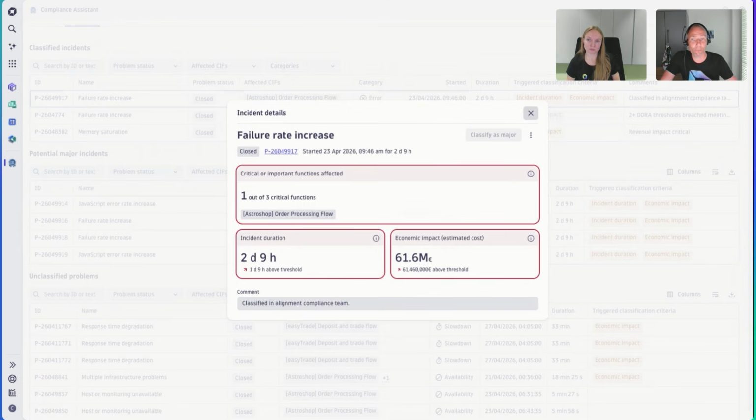And for me, this seems super helpful because instead of having to run around and trying to figure out whether all of these different dimensions are violated or not, Dynatrace brings it all onto my screen, and I can just confirm and classify.